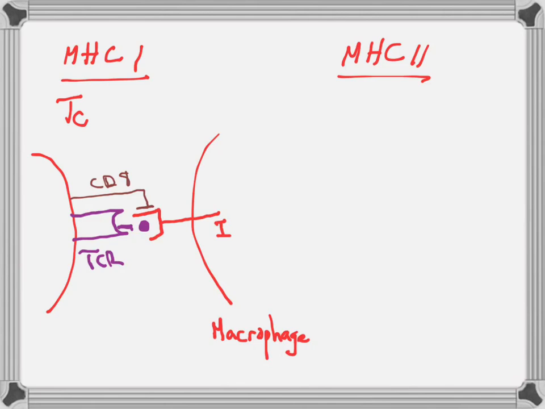When this happens, that T cell becomes activated. One of the ways that it does is we find these cells secreting cytokines that activate those T cells. Then they disconnect from each other, and now that T cell can start to perform its function. And we'll come back to that later.